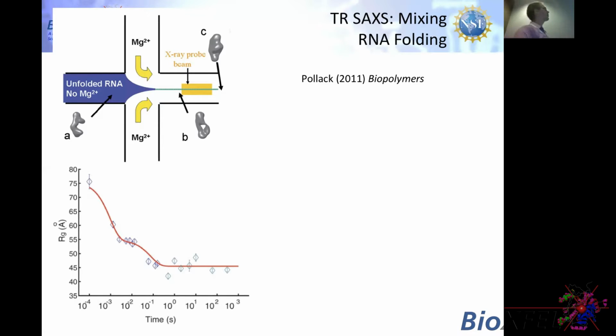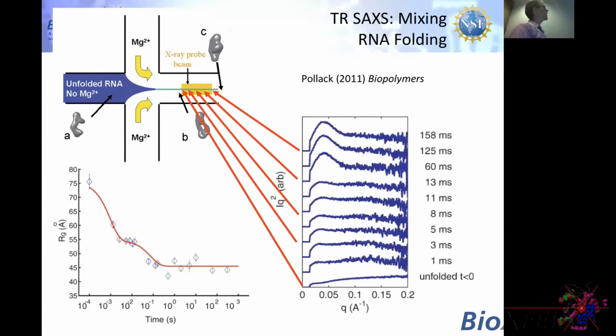They're monitoring, as a function of time, the different scattering profiles by positioning the sample chamber relative to the X-ray beam, such that the delay between the mixing region and the X-ray probe corresponds to some kind of time delay. By making this stream longer and longer, positioning your separation between your mixing region and your probe region at larger distances, you end up with longer and longer time delays.